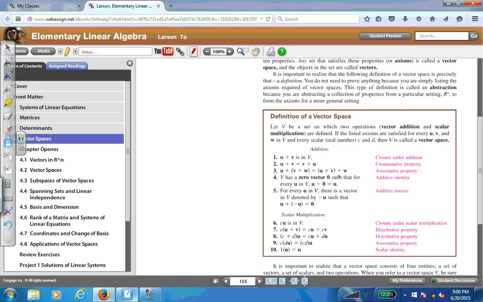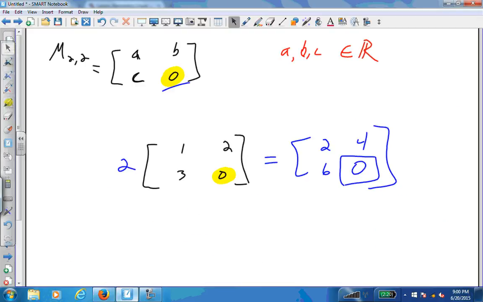The 0 vector, which in our case would be the 0 matrix, notice that is in this space, in this set, because it doesn't matter what A, B, and C are as long as the 2 by 2 entry is a 0.